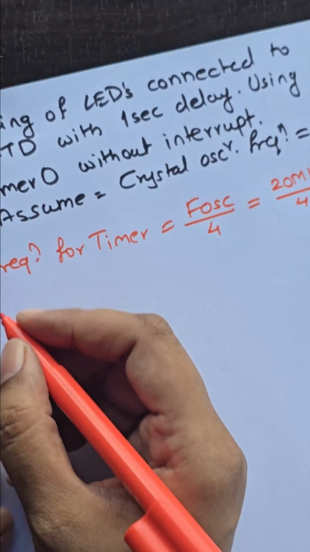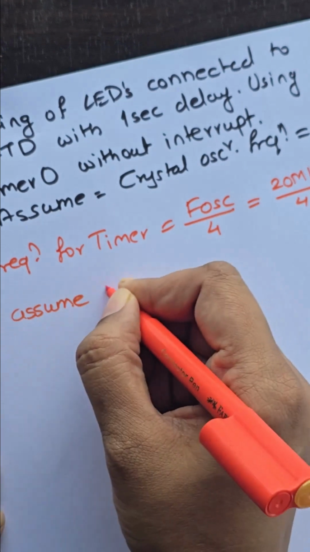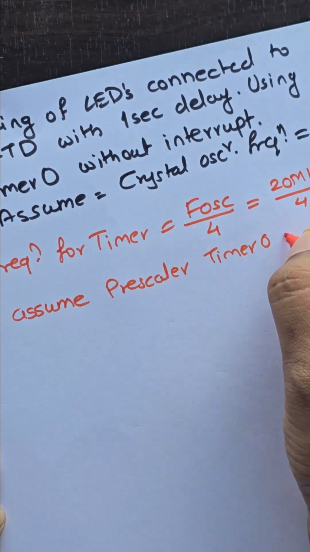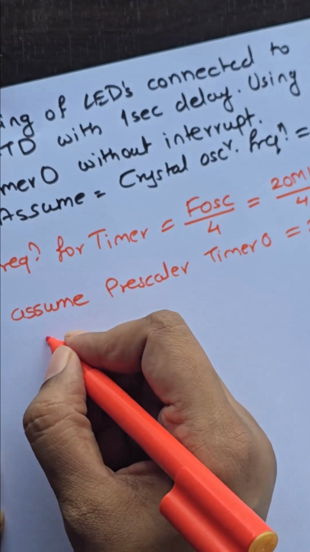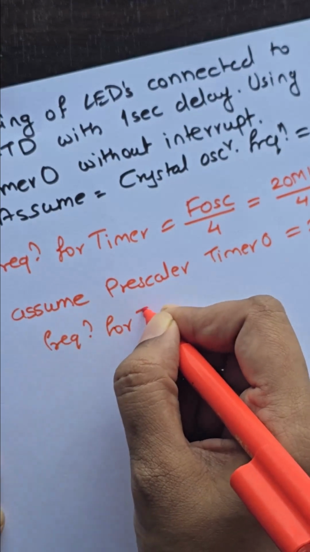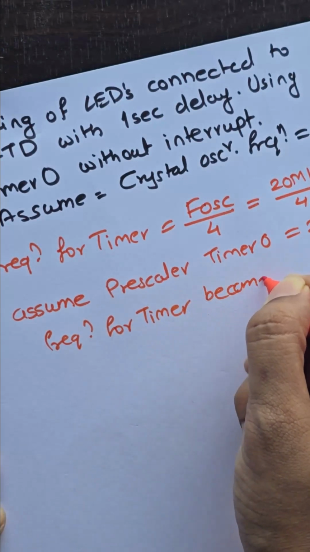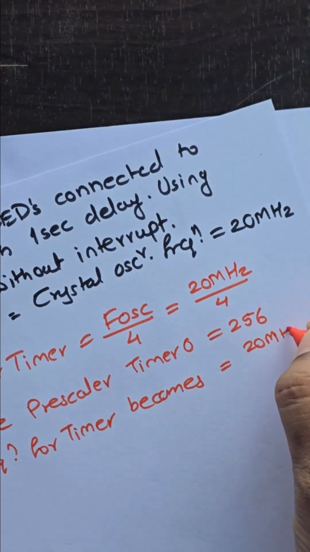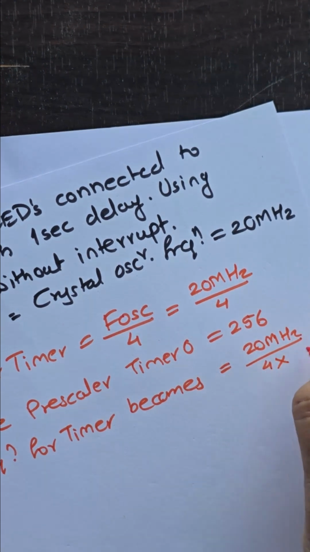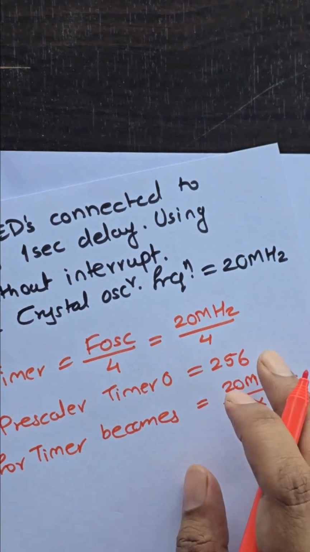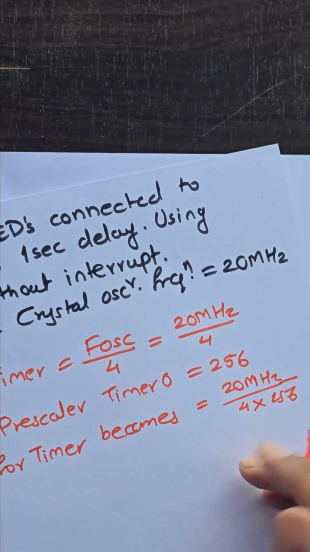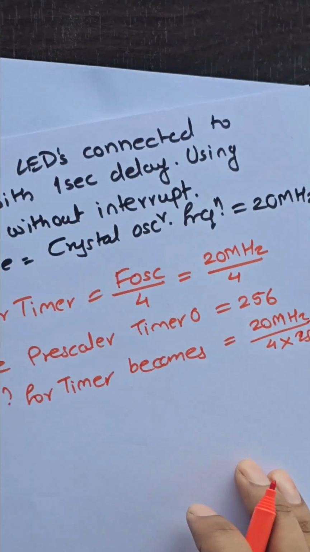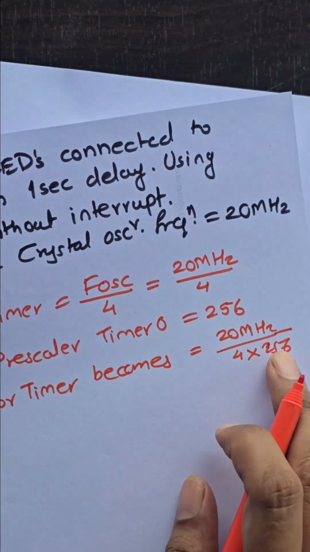Now if we assume the prescaler required for timer 0 is equal to 256, then the frequency for the timer becomes 20 megahertz divided by 4 into 256, because the entire frequency will then be divided by the 256 we have taken as the prescaler. If we calculate this, this is your timer frequency.